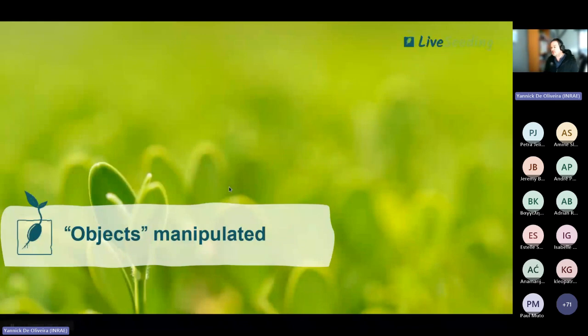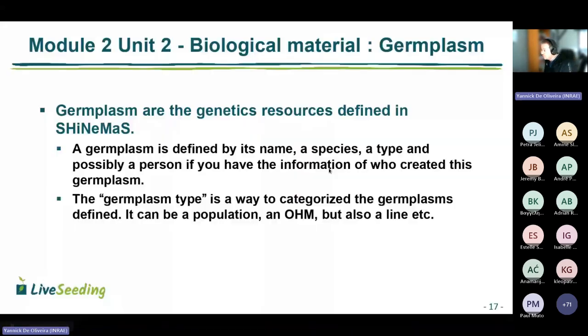So now I will define the different objects, the concepts that we manipulate in SHineMas. I already talked a bit about germplasm. The germplasm in SHineMas is what we consider the genetic resources. It is defined by a name, a species, a type, and possibly a person if you have the information of who created this germplasm.